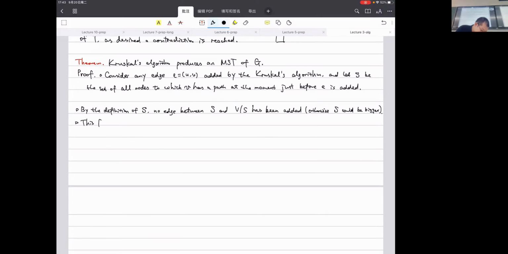So this further implies that all edges between S and V over S have weight larger than c_e. Otherwise, such an edge should have been added by Kruskal's algorithm.